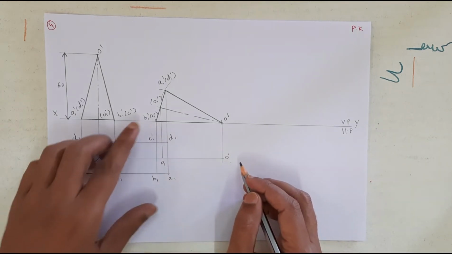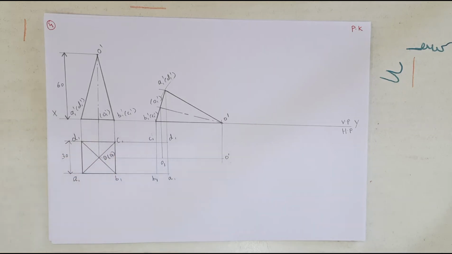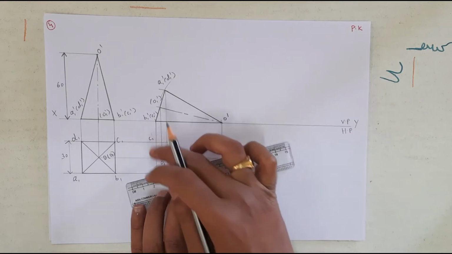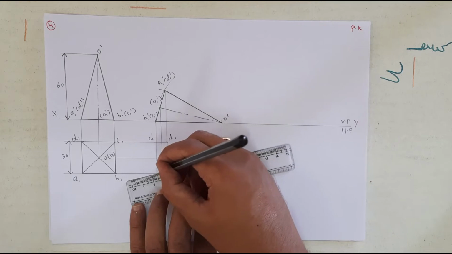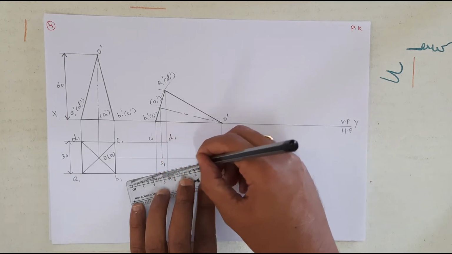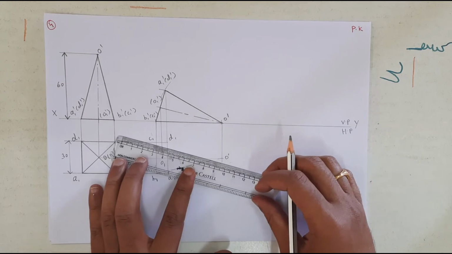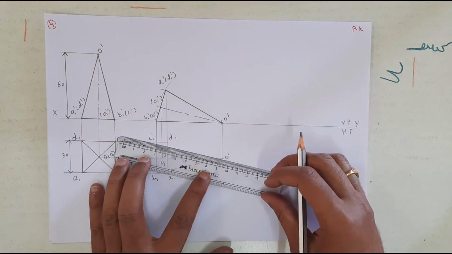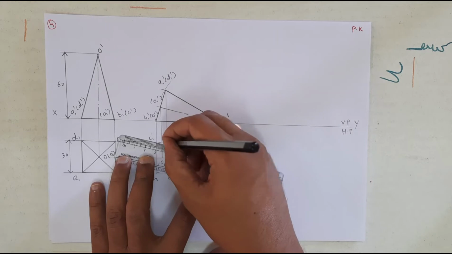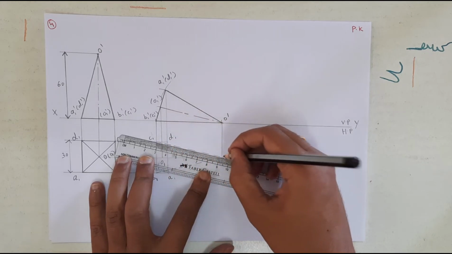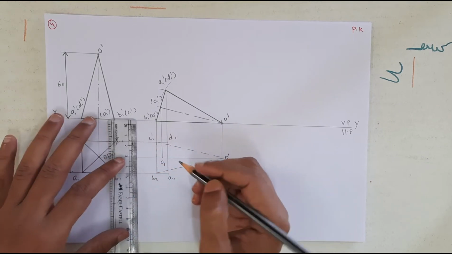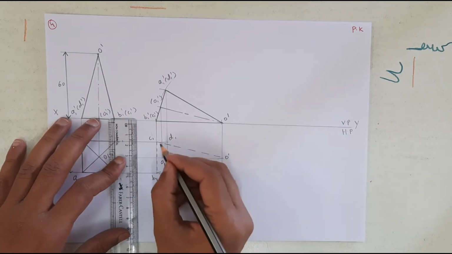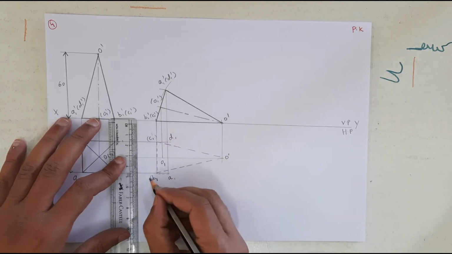So the edges going from this corner, the base edges, only you have to consider the base edges, will be invisible. B1 to C1 and also from the others, and this one must also be invisible. Okay, and this is also invisible as per step number 1.